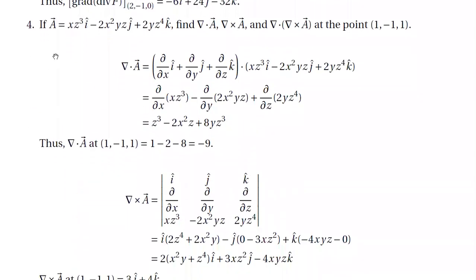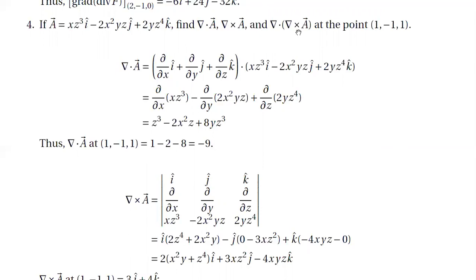Next problem, if vector A is equal to xz cube i minus 2x square yz j plus 2yz power 4 k, find the values of the following, that is del dot vector A, del cross vector A, and del dot product with del cross vector A. We already know what is del dot vector A. Del dot vector A is divergence of vector A, and del cross product with vector A is curl of vector A. So instead of giving these notations here, they can ask you to calculate divergence of vector A and curl of vector A. And what is this thing here?